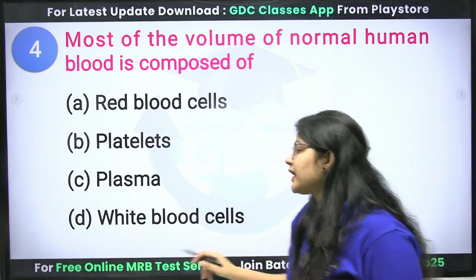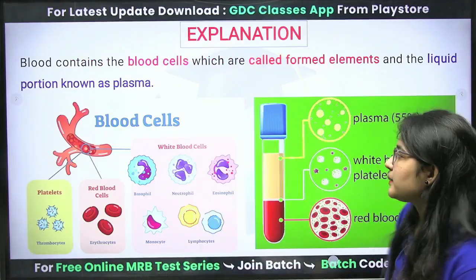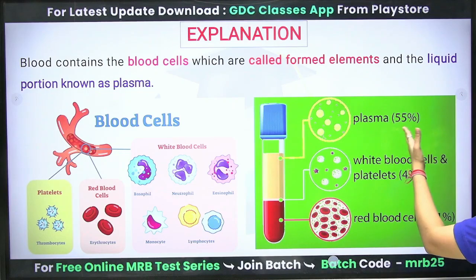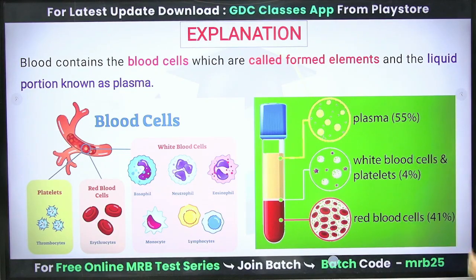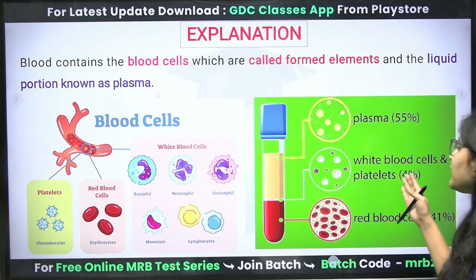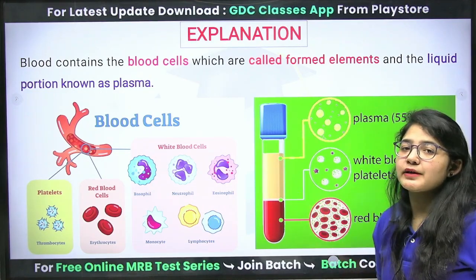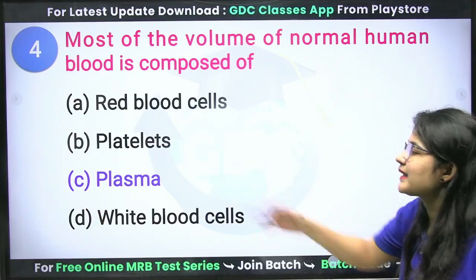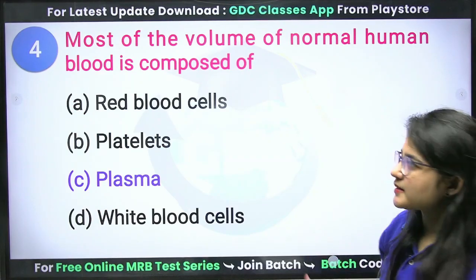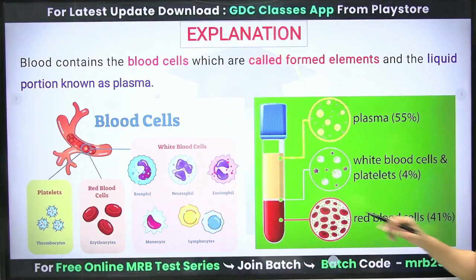Afterwards, the ratio belongs to your white blood cells. See the sequence. First of all, that is your plasma. Next we have the red blood cells, that is 41%, and afterwards white blood cells and the platelets, that contain the 4% of your total blood count. So what will be the correct answer? That is plasma. Clear? Next question.